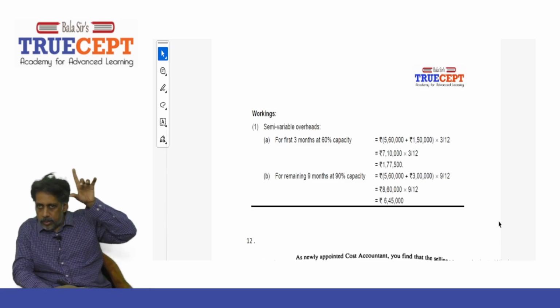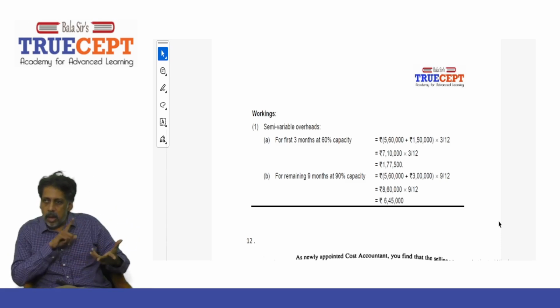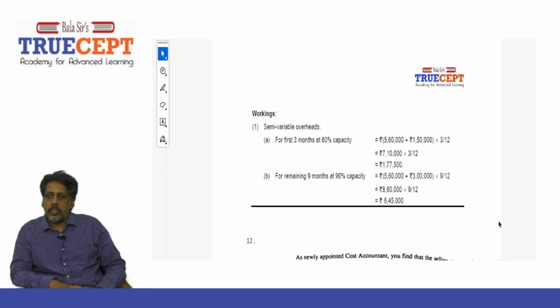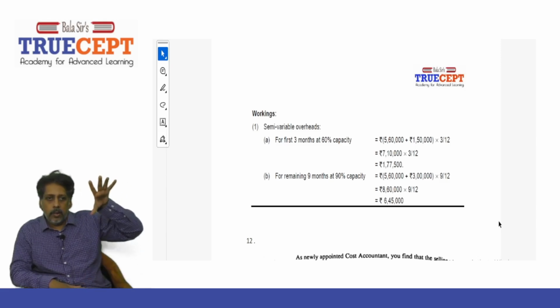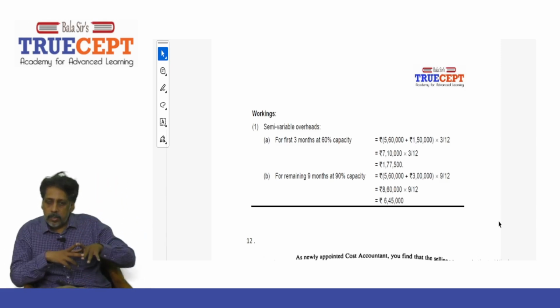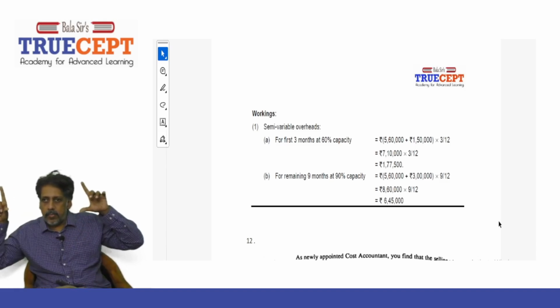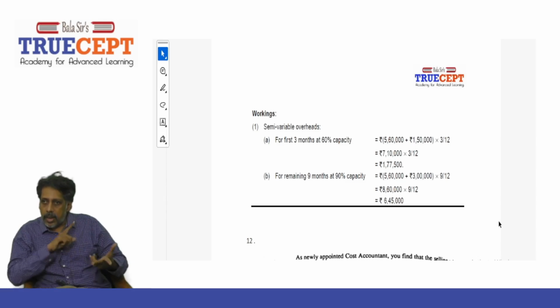For the first 3 months, the company operates at 60% of its capacity. So what should I do? 60% comes between 50 and 75%, right? Yes, sir. So it will be 5,60,000 plus 1,50,000 increase.